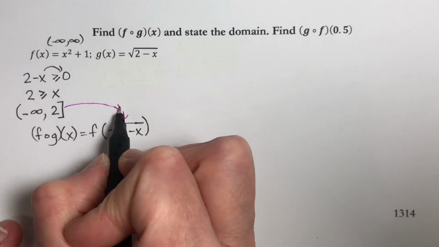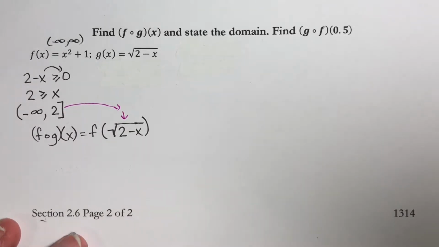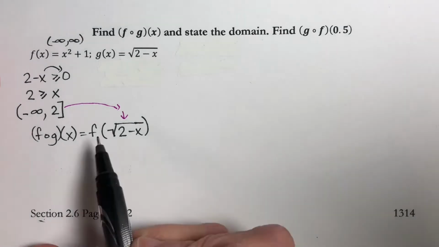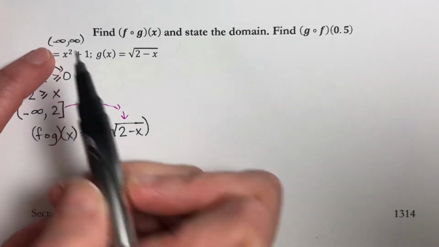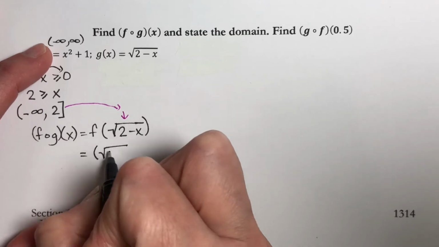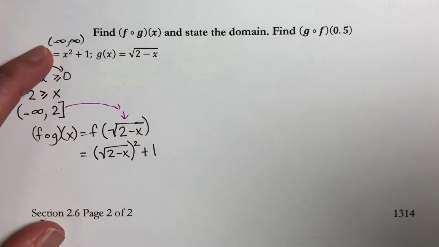So that means this is a requirement for this answer, even if our apparent issue disappears. Okay, so now let's take the square root of 2 minus x and plug it in right here. So this is the square root of 2 minus x squared plus 1.